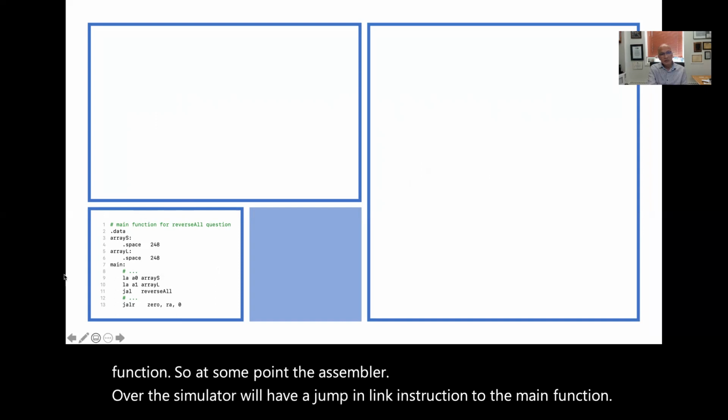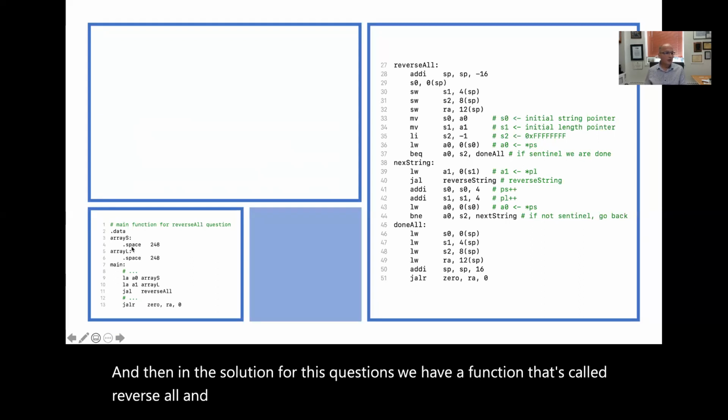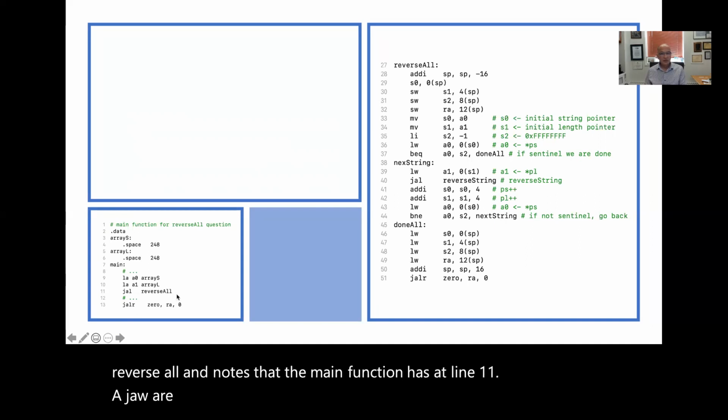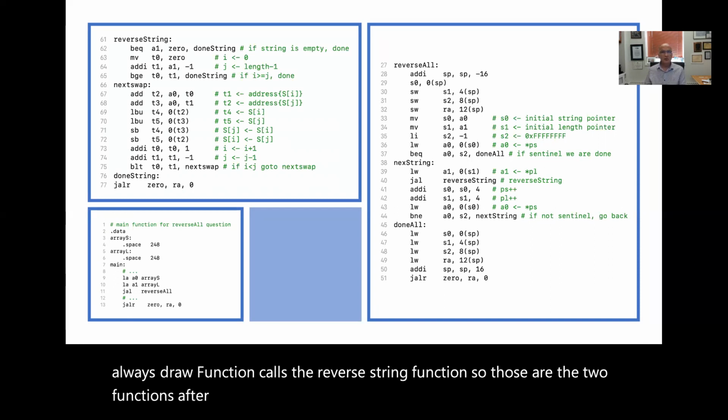And then in the solution for these questions, we have a function that's called reverse all. Notice that the main function has at line 11 a JAL, or jump and link, instruction to the reverse all. And then the reverse all function calls the reverse string function. So those are the two functions that would have been written by the students as a solution to that question in that exam.